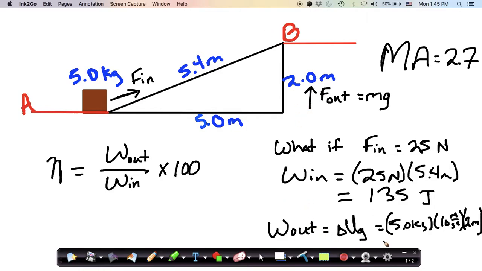So that comes out to be 100 joules of output work, right?